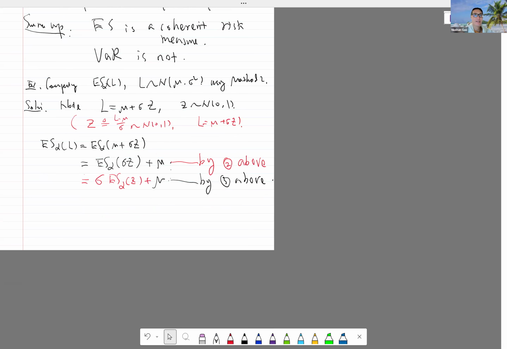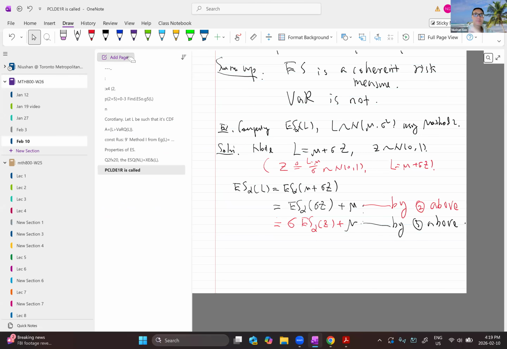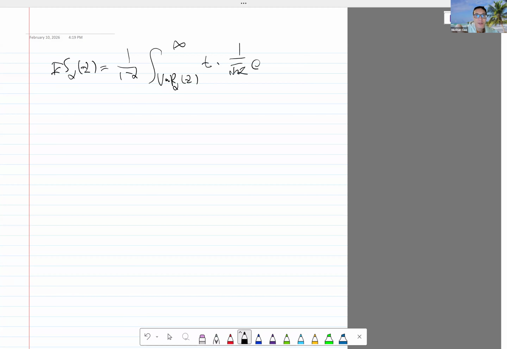So I do it on the next page. Expected shortfall for standard normal distribution. What is it equal to? Well, by the formula, the second method formula is it equals this one. Integral to infinity, t times the density function. The density function of standard normal is this one.